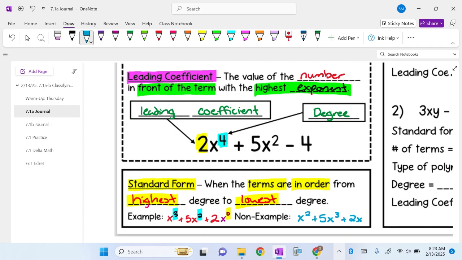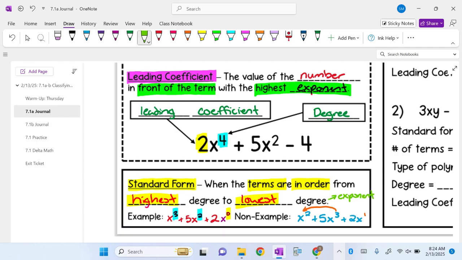Are they in order from highest to lowest? No. Because if they were, this 3 would come before the 2. Also, don't forget, if you just see an x, the exponent is 1. All right? So standard form is from highest to lowest exponent. So you can make a note that by degree, we mean exponent.